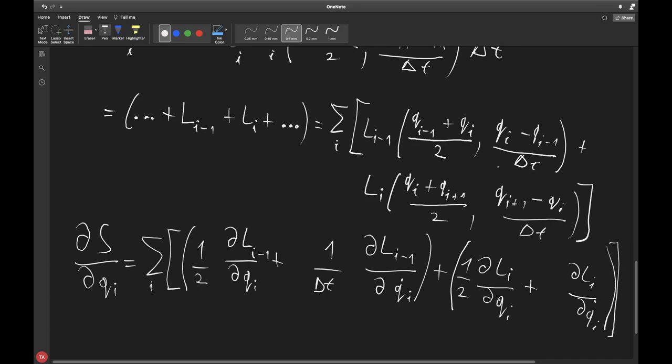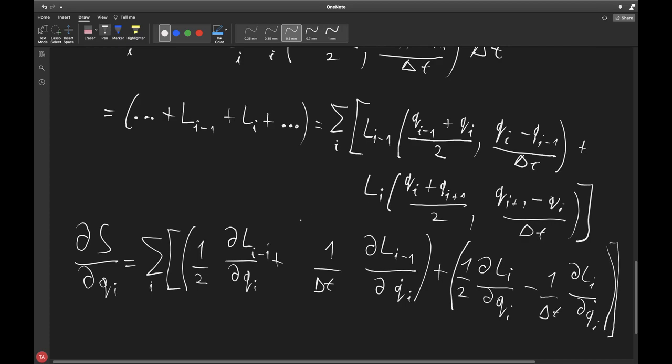But then when we look into the chain rule, we see that the coefficient here is minus 1 over delta t instead of plus 1 over delta t. So I have to fix this, and I have to remove this plus sign and make it a minus sign. So this was now my derivative by q_i of this function.